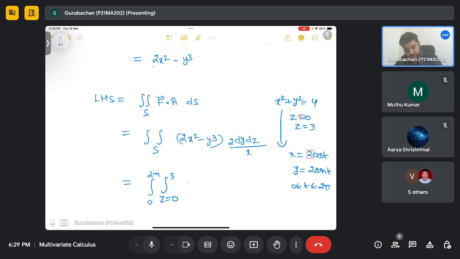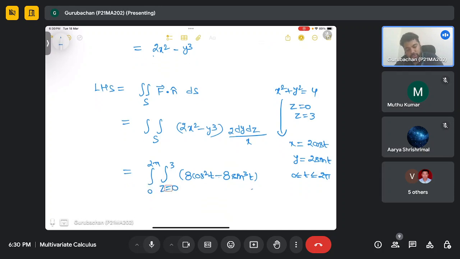So this will give us 8 cos square t minus 8 sin cube t into dy. Dy will give us 2 times cos t, that is, 2 cos t dt dz, and x is 2 times cos t.